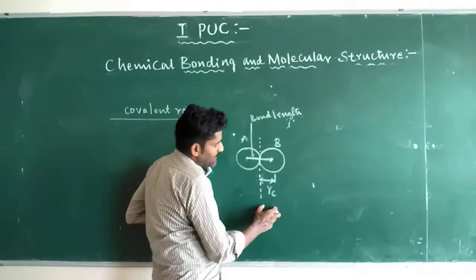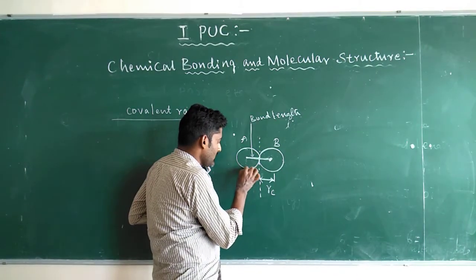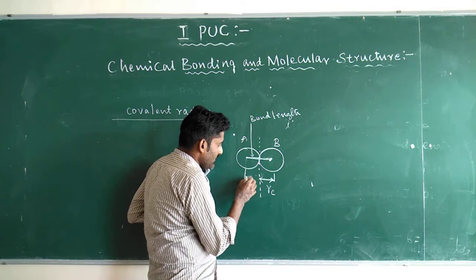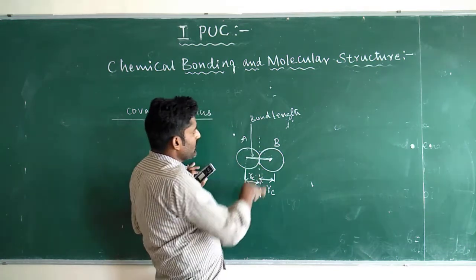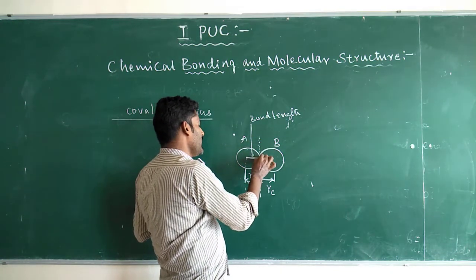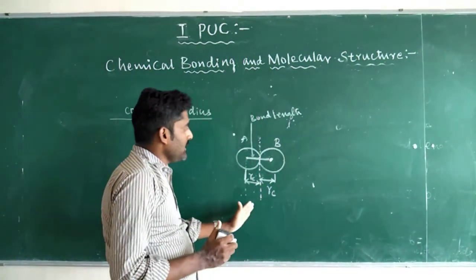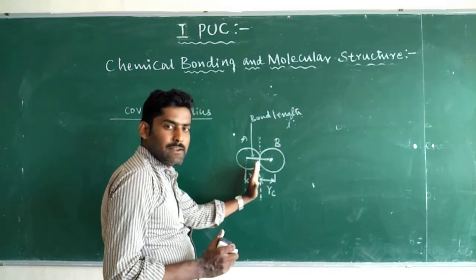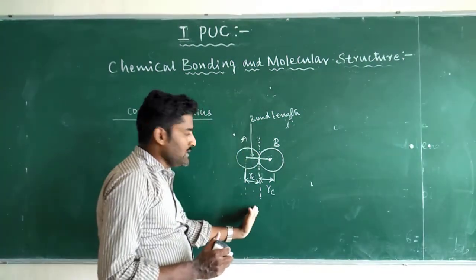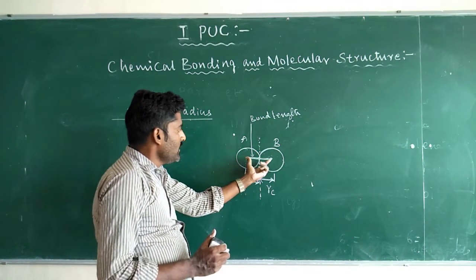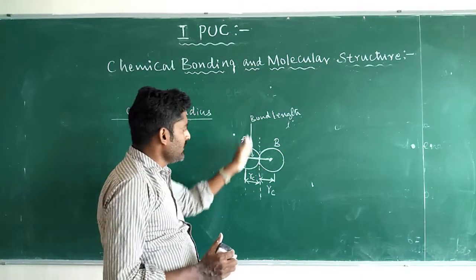One RC is the covalent radius of atom B, and the other RC is the covalent radius of atom A. So covalent radius can be defined as half of the bond length, or half of the distance between the centers of nuclei of two covalently bonded atoms in a molecule.